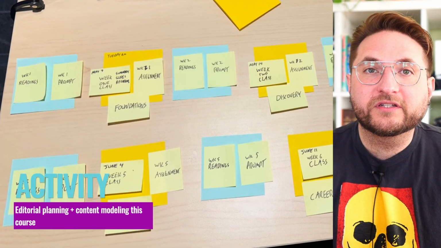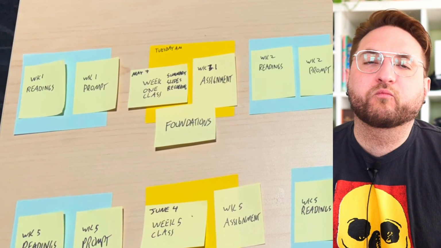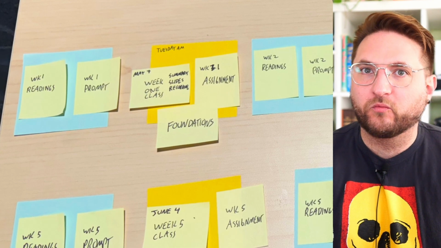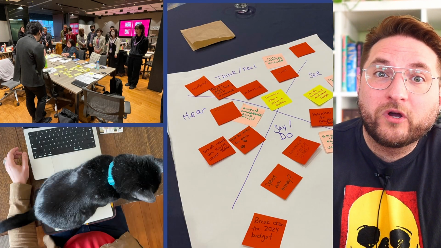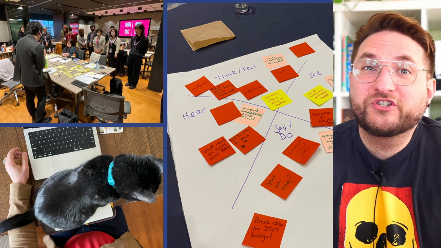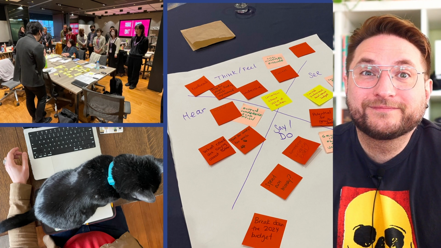I was using that for this course actually, trying to figure out how to structure the modules and what to include in each one of them. It could look like trainings and events. It could look like outputs from workshops, or honestly, content strategy can look like one person at a computer with a spreadsheet for many, many hours.